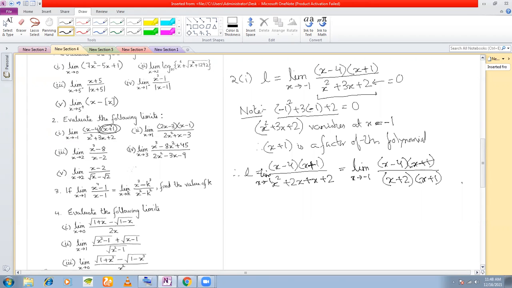So therefore we are going to cancel out these two. And now if you see, if I substitute x is equal to minus 1, I'm getting a determinate form. So what I do is I substitute x is equal to minus 1 to get a determinate form. So I get minus 5 as my answer. Clear with this?